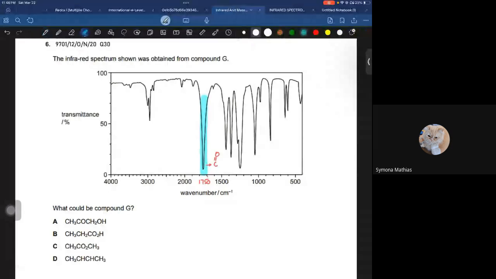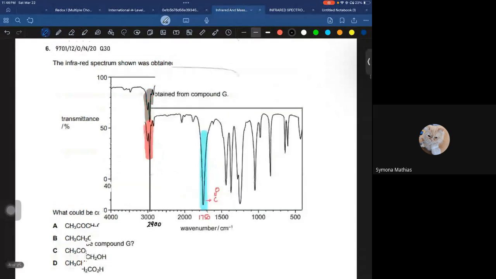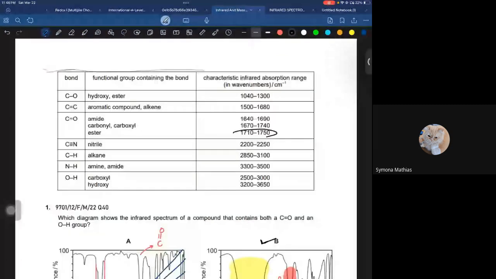It is at 2900 or 3000. 1710 to 1750 says that it's an ester. And the 2800 peak says that it's a carbon hydrogen bond.